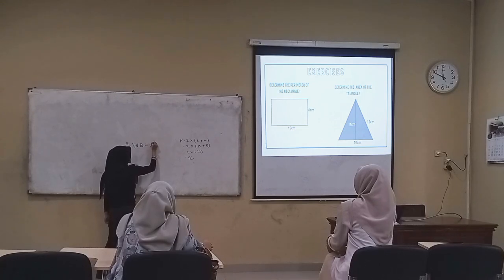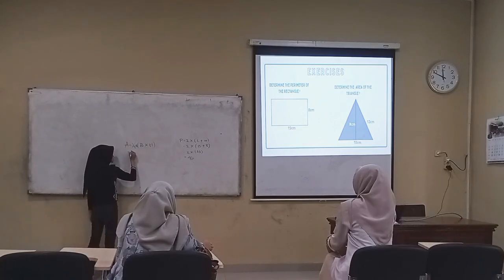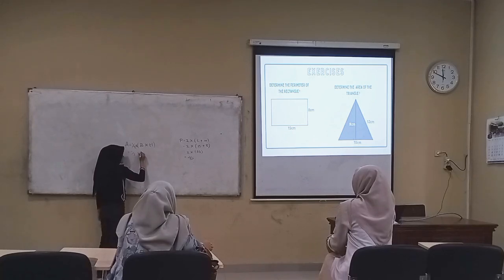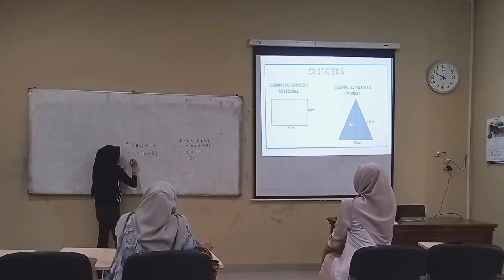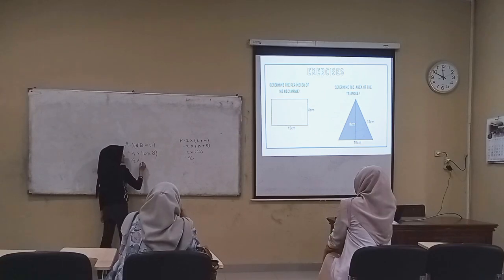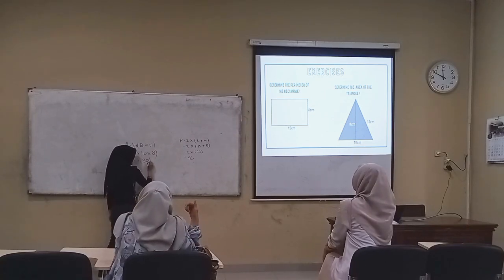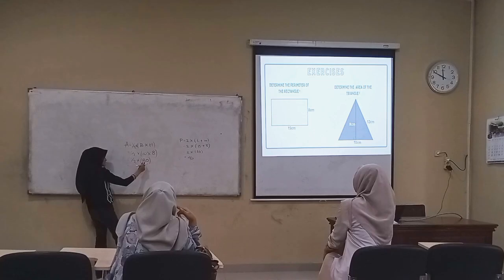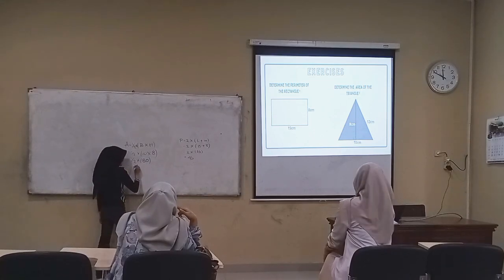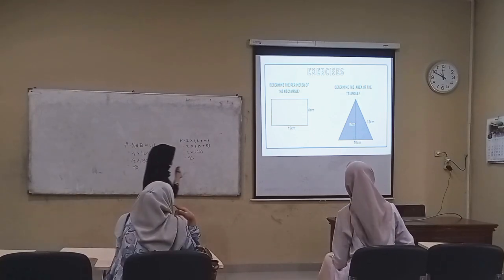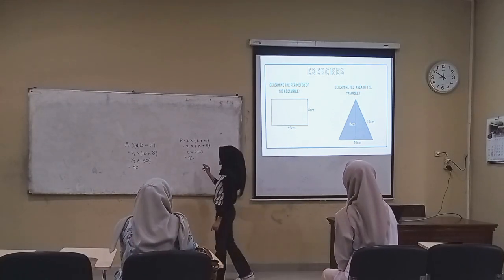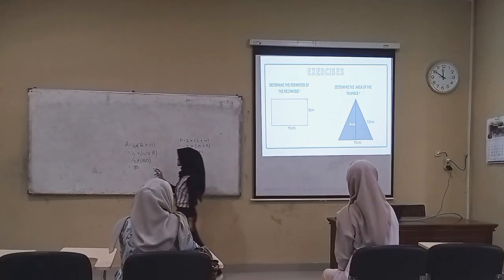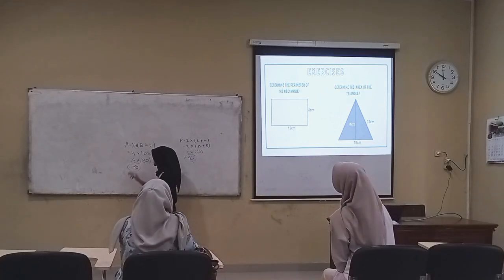Good job, guys. So, the perimeter of the rectangle is 46, and then the area of the triangle is 40.